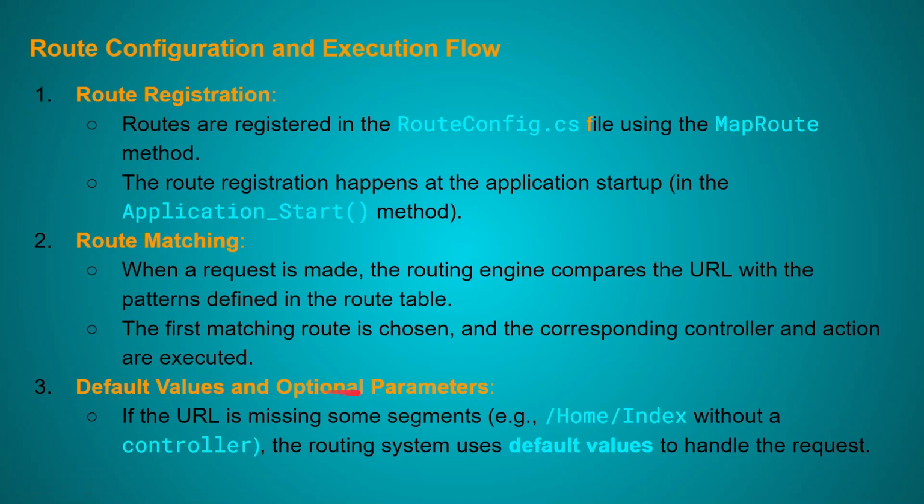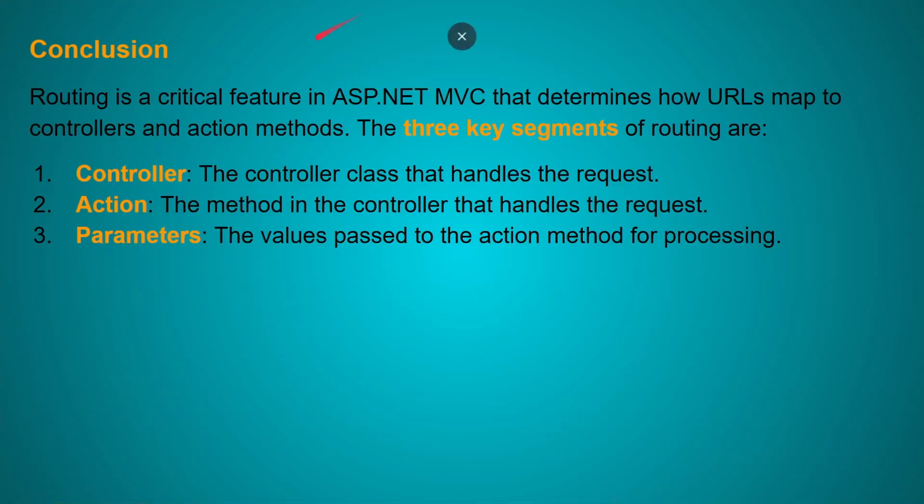Default values and optional parameters. If the URL is missing some segments, like /home/index without a controller, the routing system uses default values to handle the request. Conclusion.